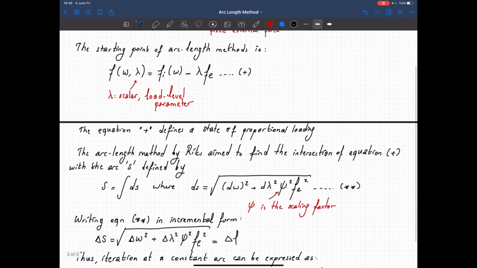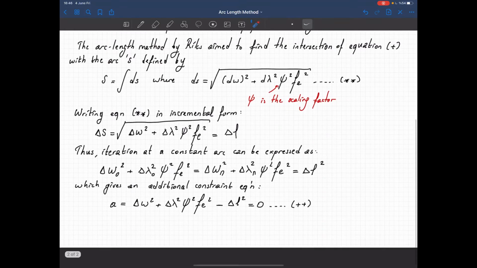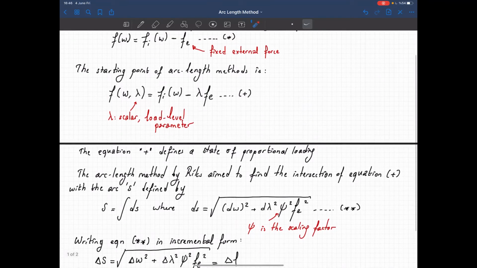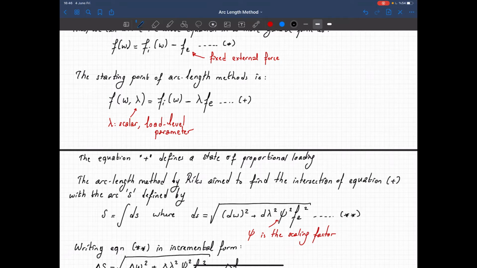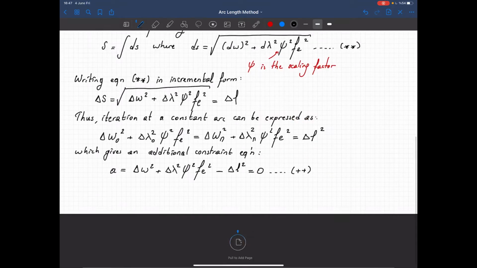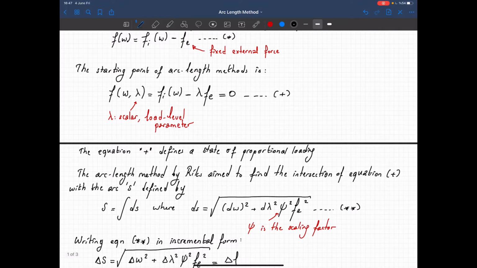So now we have this equation to solve, and also we have this equation to solve. I can say that this should be equal to 0, and this is our equation plus. So we have two equations to solve together. And with this we introduce an additional unknown, and this additional unknown is lambda.